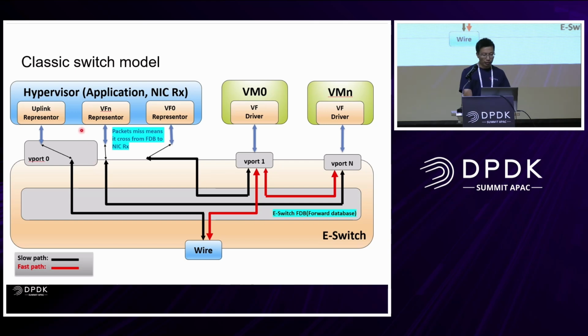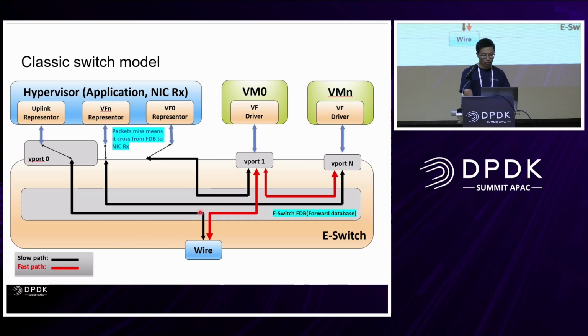Meanwhile, when the application in the hypervisor receives the missed packet, it will check where it comes from, and based on its logic, it will offload some hardware flow rules to the hardware. So now we have the hardware flow rules. Next time when the packet comes, it will just hit the hardware flow rules.